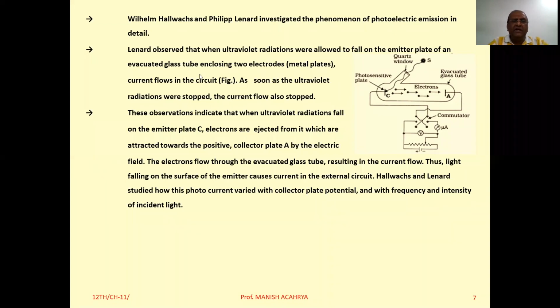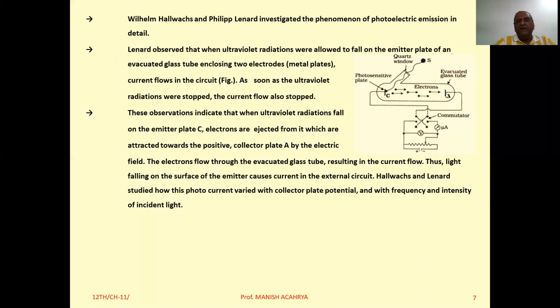One evacuated glass tube with a window covered by a quartz plate was taken, and in that evacuated glass tube, two metallic plates are placed, known as the emitter plate and the collector plate. This C is the emitter plate, and A is the collector plate.